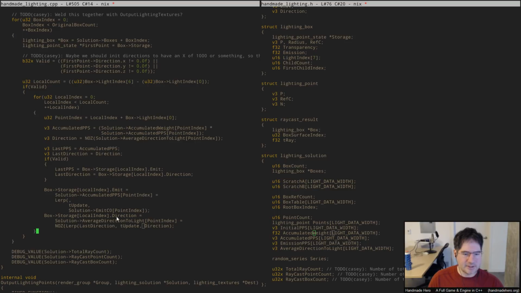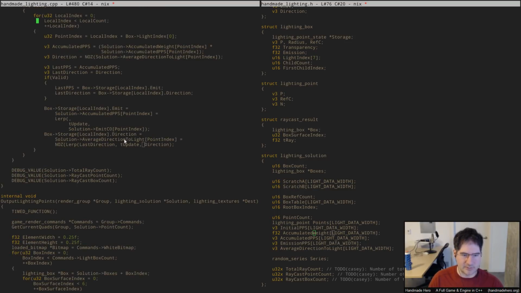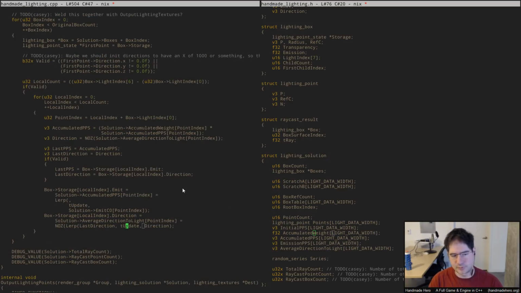And that T update there, again, is low because we want to take at least 10 frames, we're saying, to shift lighting over, because we just don't think our samplings would be good enough to update it any faster than that without too much flicker. So here's that direction, average direction to light update. This will update both of those.